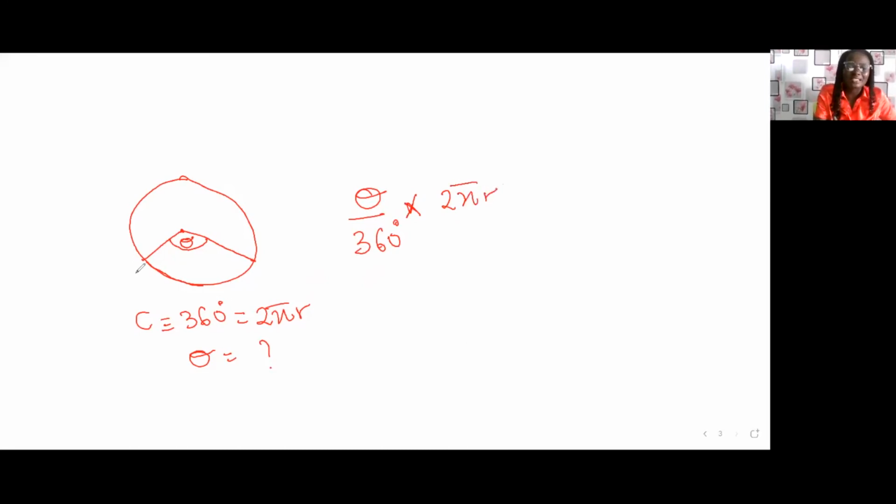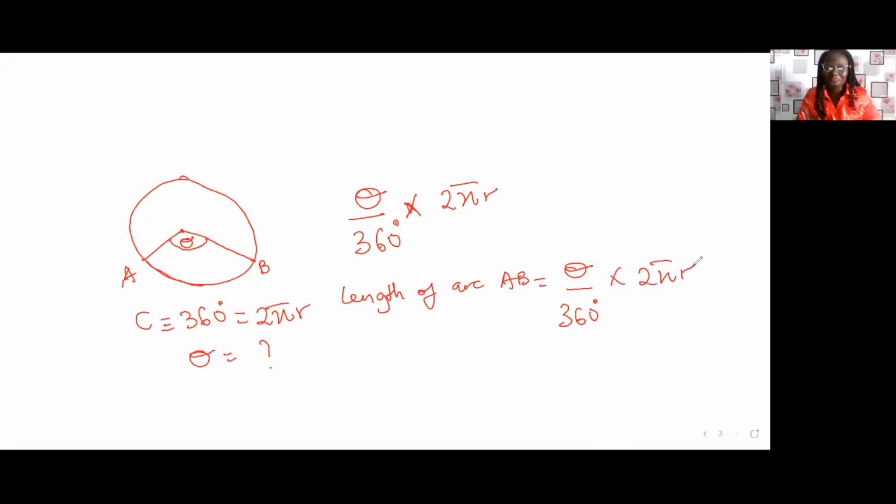So this gives us, let's pick this as A, B. And this will give us the length of the arc. So length of arc AB is equal to theta over 360 degrees times 2 pi r.